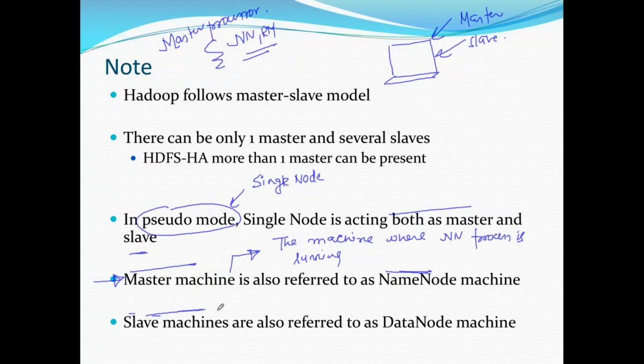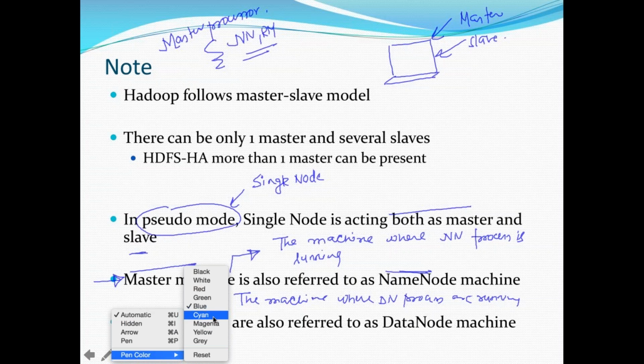Similarly, slave machines are also referred to as data node machines. It means that the machines where data node processes are running are referred to as slave machines. Clear?